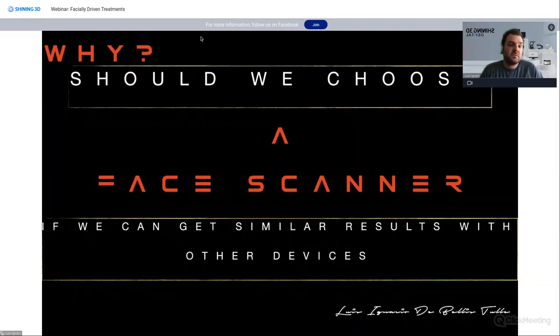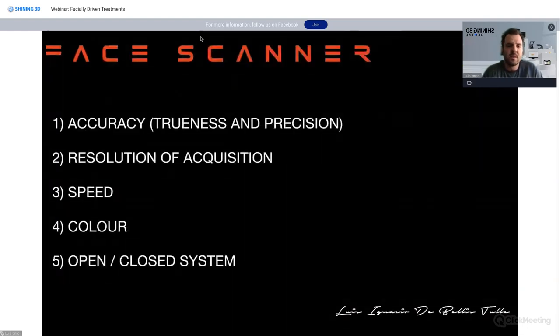But the question again: why should I choose a facial scanner if I can get similar results with these devices and these protocols that I have shown you now? With a facial scanner, I'm going to get more accuracy. And when we speak about accuracy, we're speaking about trueness and precision.